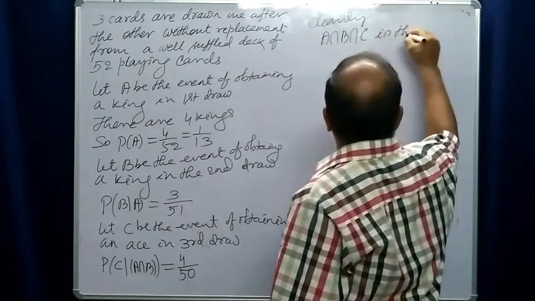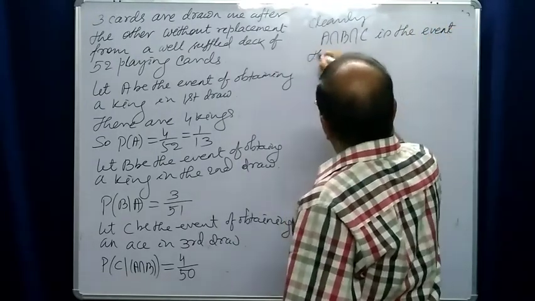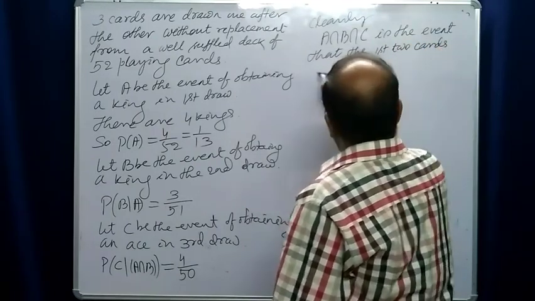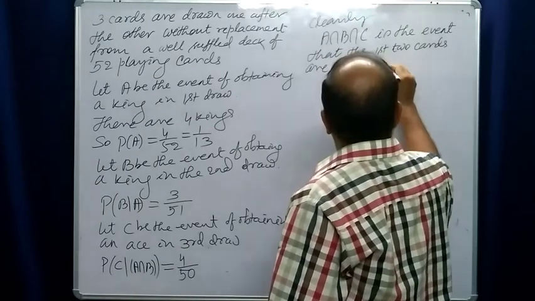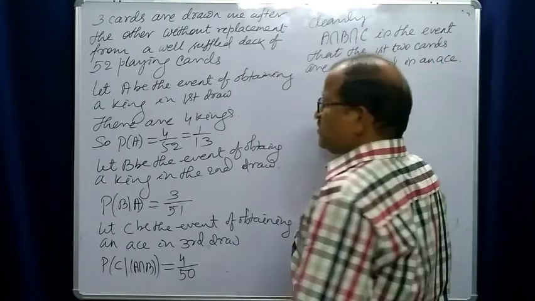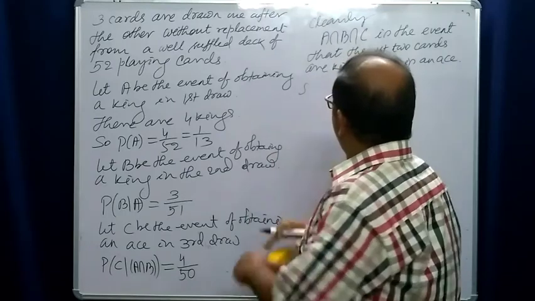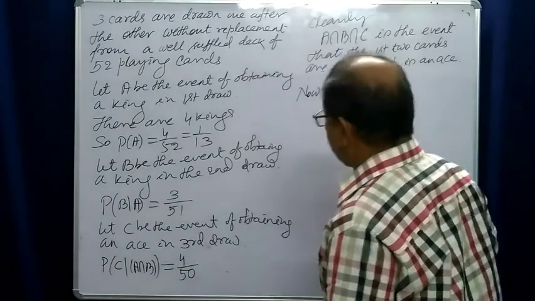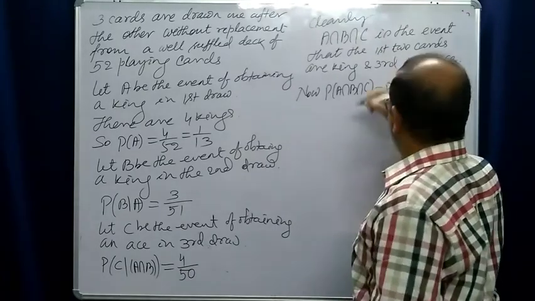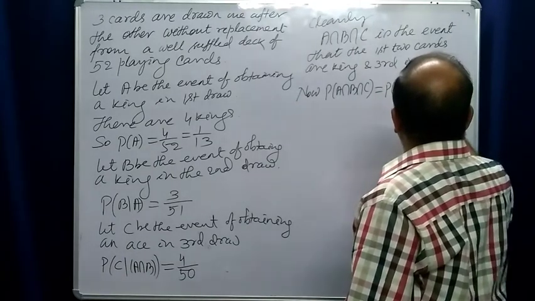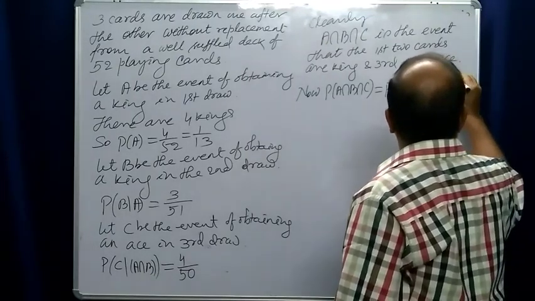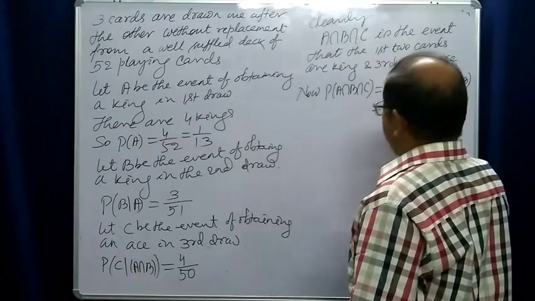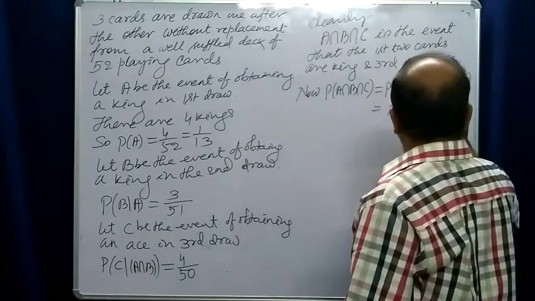Clearly, it is the event that the first 2 cards are kings and the third card is an ace. So the probability of A intersection B intersection C, according to the multiplication theorem, is probability of A into probability of B given A into probability of C given A intersection B. This is equal to 1 by 13, into 3 by 51, into 4 by 50.